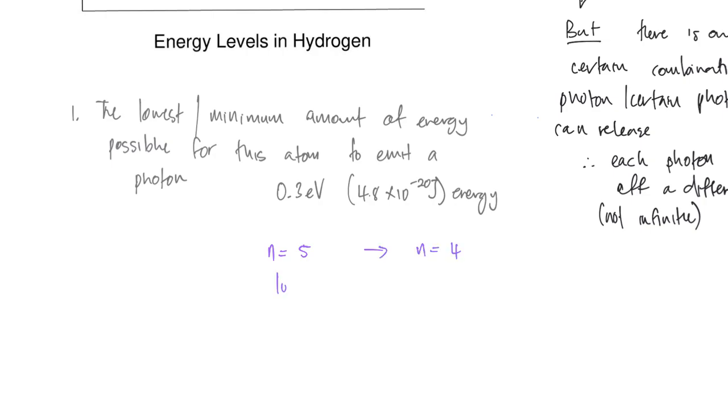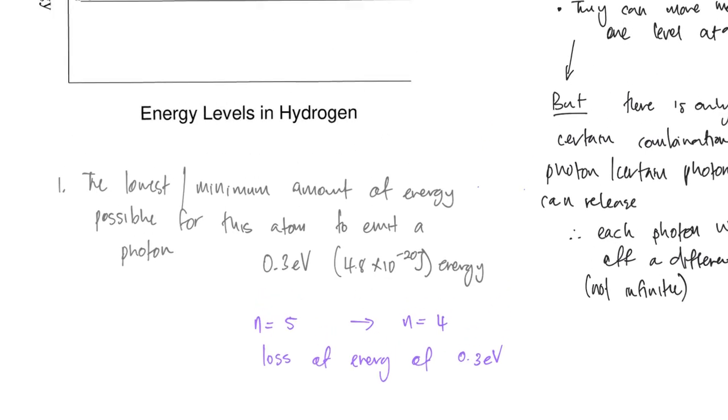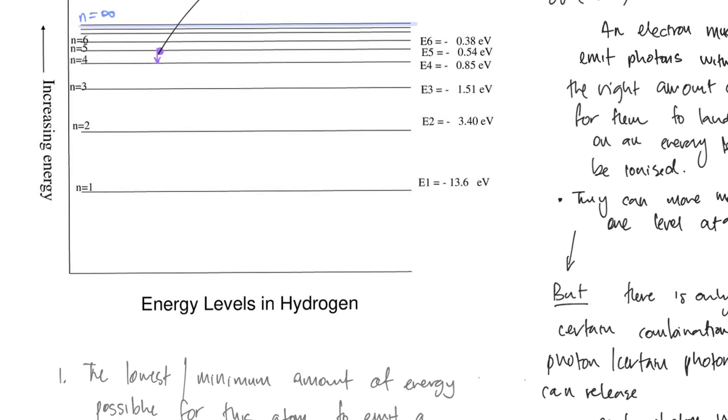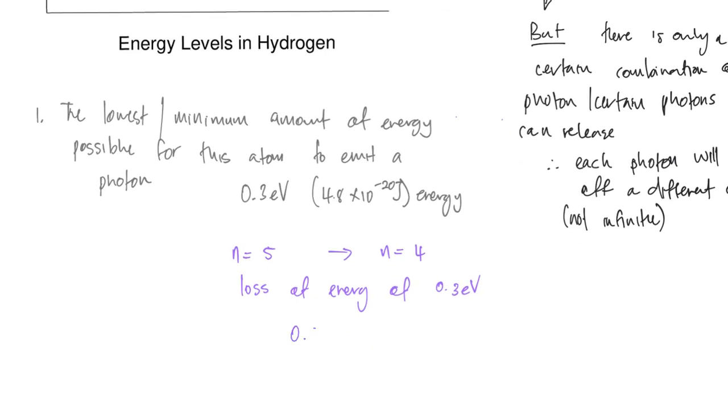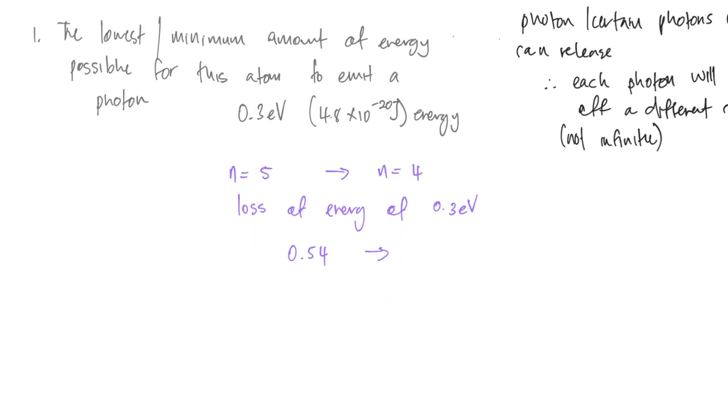I've got a loss of energy of 0.3 electron volts, because at 5 it's 0.54 and at N4 it's 0.85. So 0.85 minus 0.54 is equal to 0.31 electron volts. Now that is your smallest change that it can make.